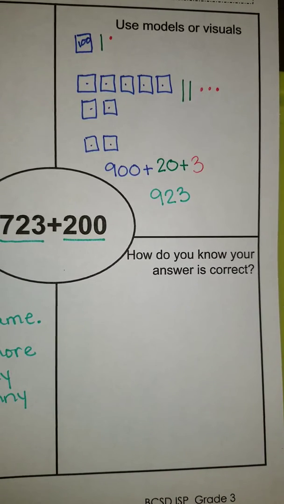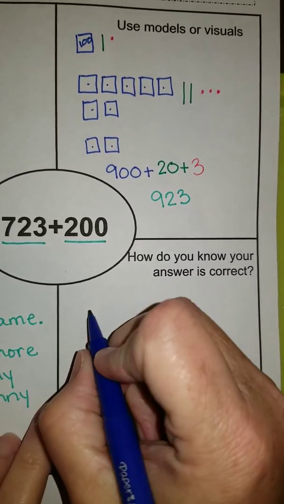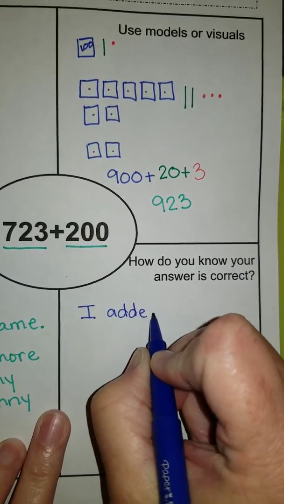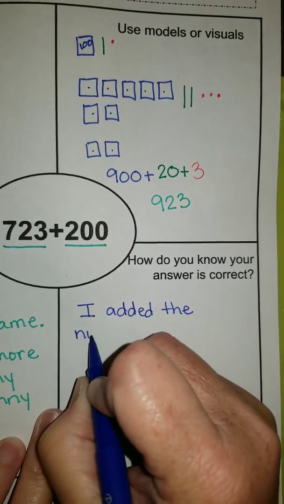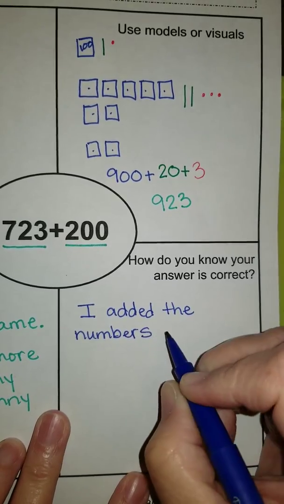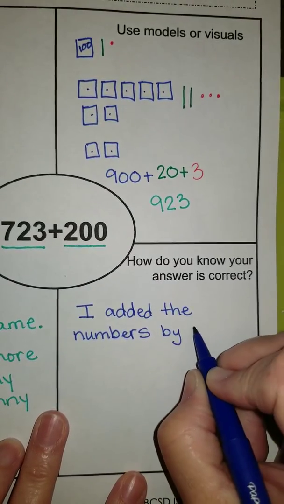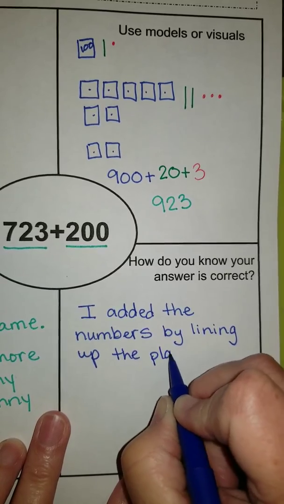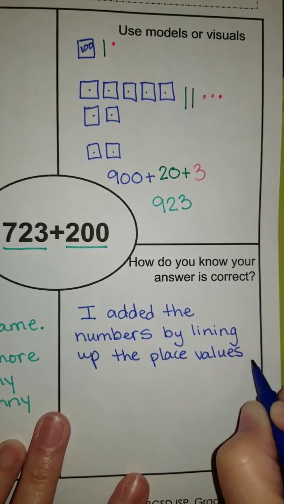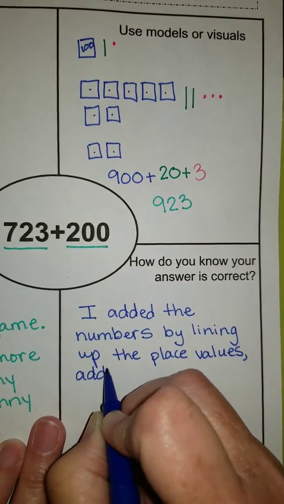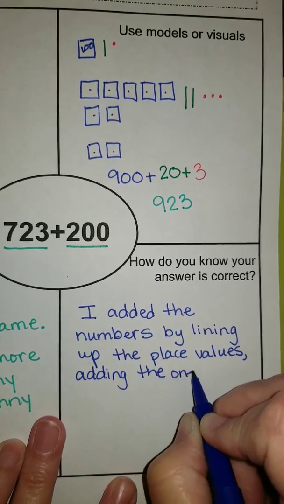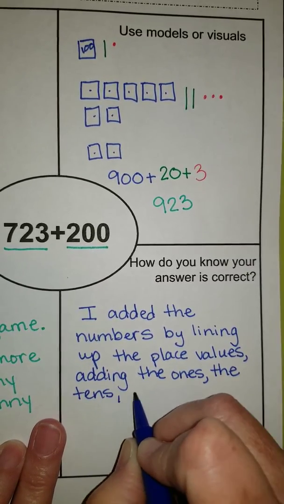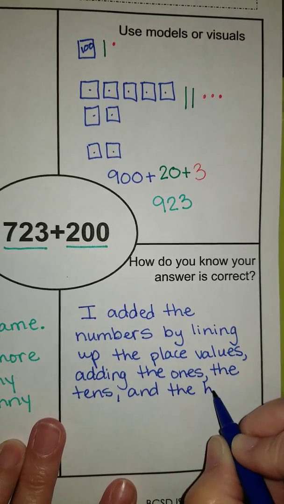Well, I know my answer is correct because I added the numbers by lining up the place values, adding the ones, the tens, and the hundreds.